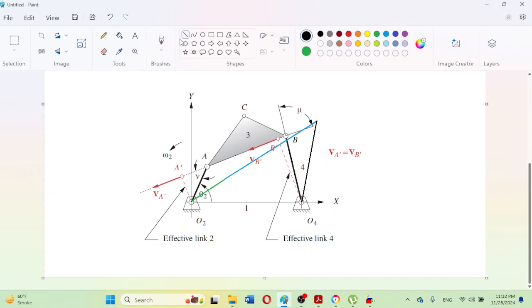So the other case can also be drawn here, just for clarity.